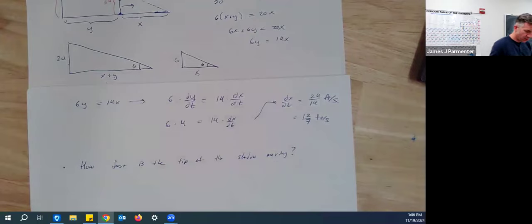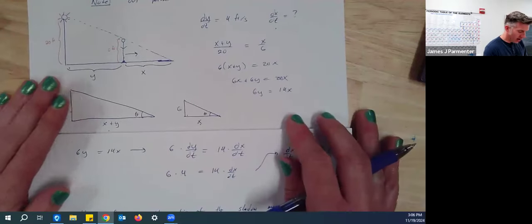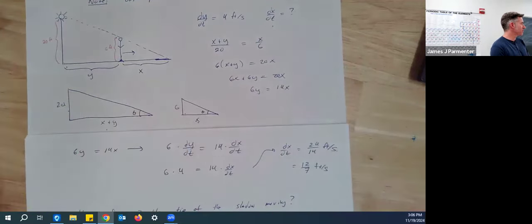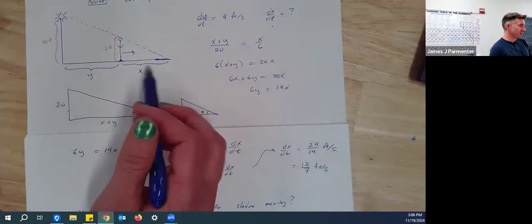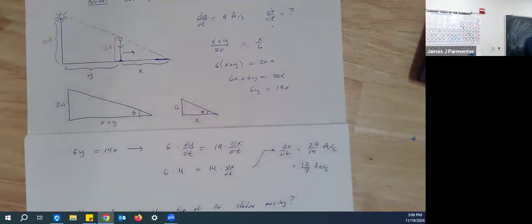In other words, what we're really asking here is, how fast is y plus x changing? The answer is really easy. It's how fast the person is walking plus how fast the length of the shadow is increasing. Right? Because the shadow's already increasing at whatever rate it's increasing at, and I'm just walking at whatever rate I'm walking at. So I'm just pushing it forward while it's still increasing.